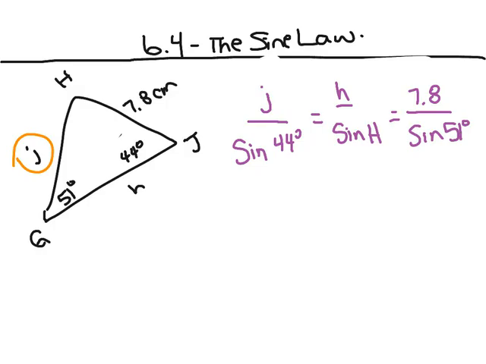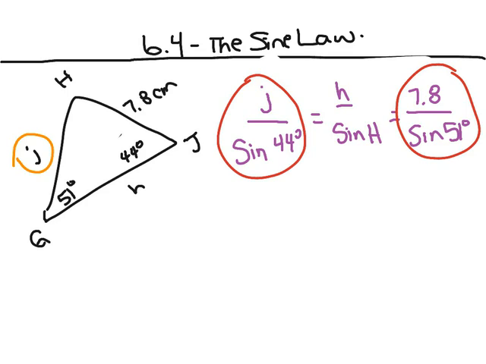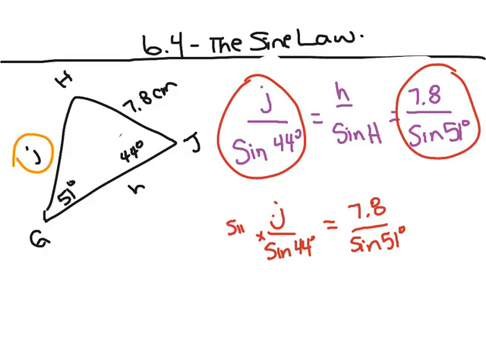Now we want to pick our two ratios so that we only have one variable. So we want to use this one and this one because we want to find j. So j over sine 44 is equal to 7.8 over sine of 51. We want the j by itself, so we're going to multiply both sides by sine 44.